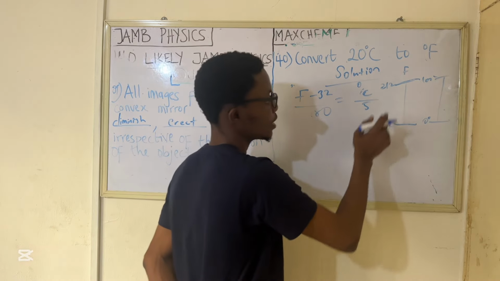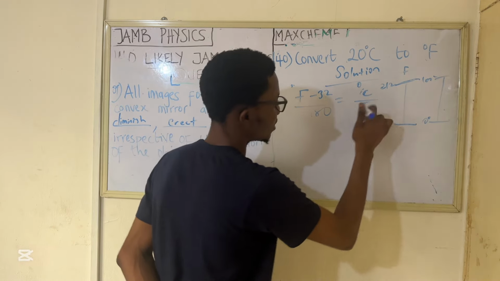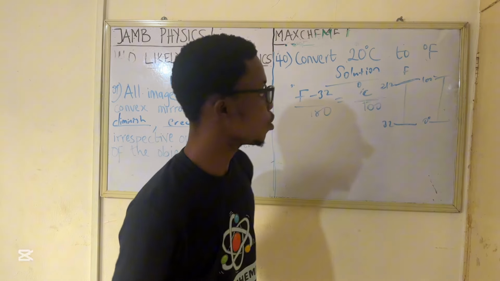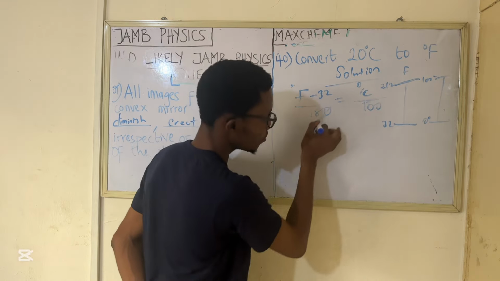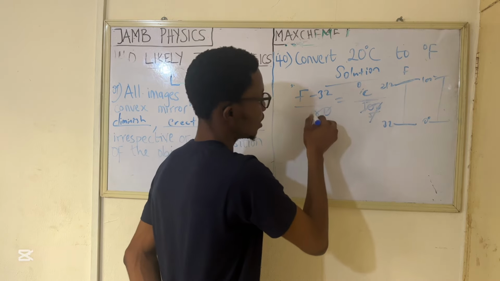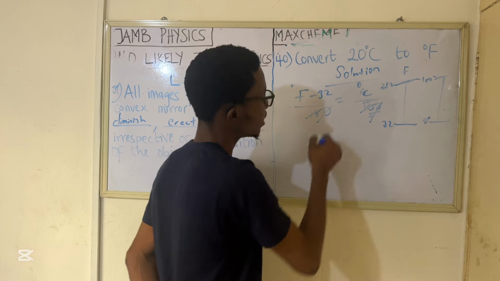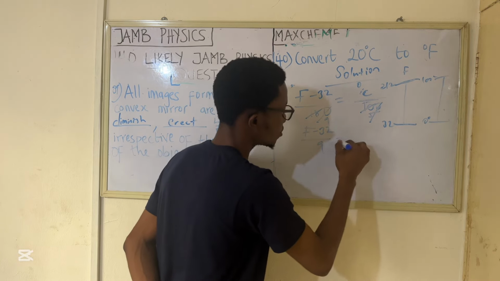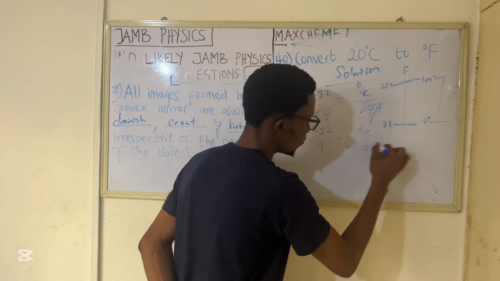That is 212 minus 32, which gives us 180. And on the Celsius side we have 100. If you divide, the 0 will cancel the 0, so 5 here and 9 here. So I get (F minus 32) over 9 equals degrees Celsius over 5.